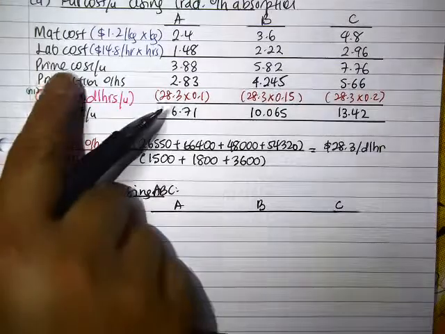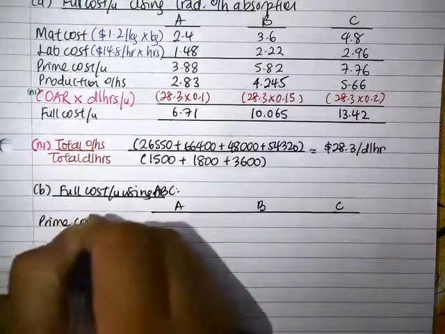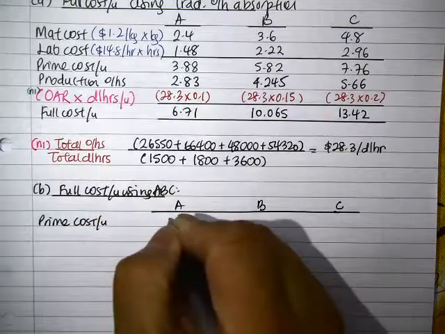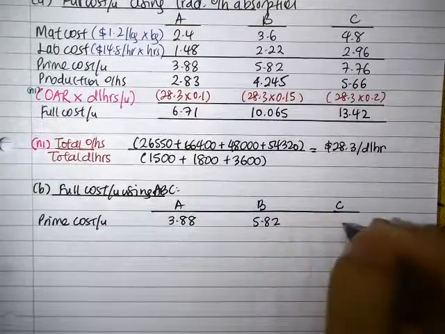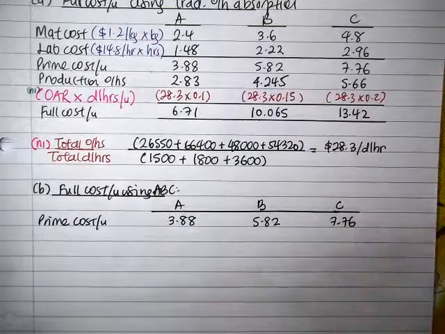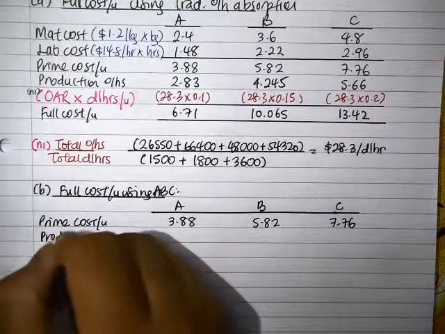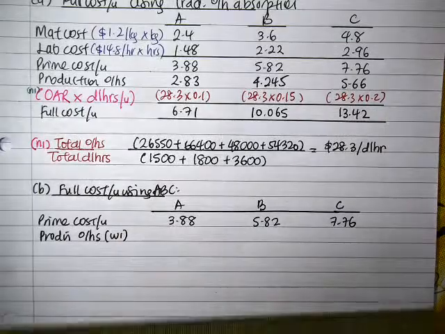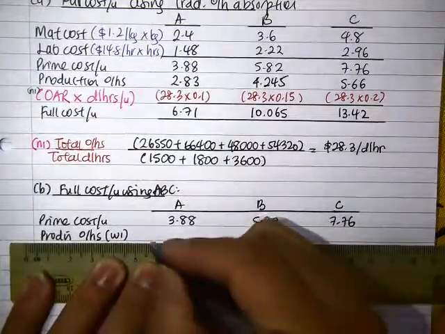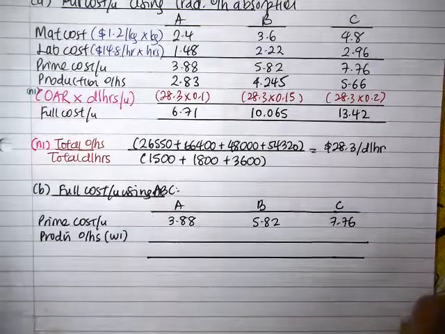Because we already have the prime cost. So I'll just take the prime cost per unit, which is 3.88, 5.82, 7.76. Right, then you bring in your production overhead. Well, this time you need working under activity-based costing.